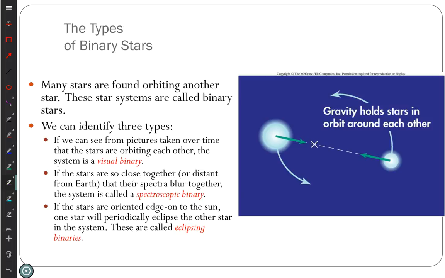Is there a chance that our star looks like a binary? Some people suggest that our star, the sun, is a binary with a companion that is a small dark thing that we haven't observed. Seems kind of far-fetched.